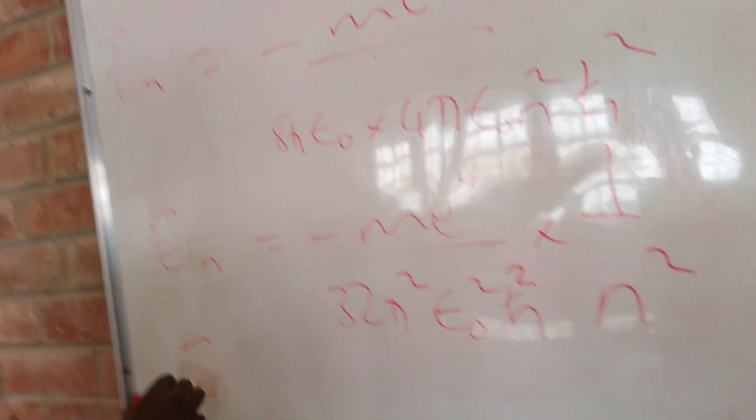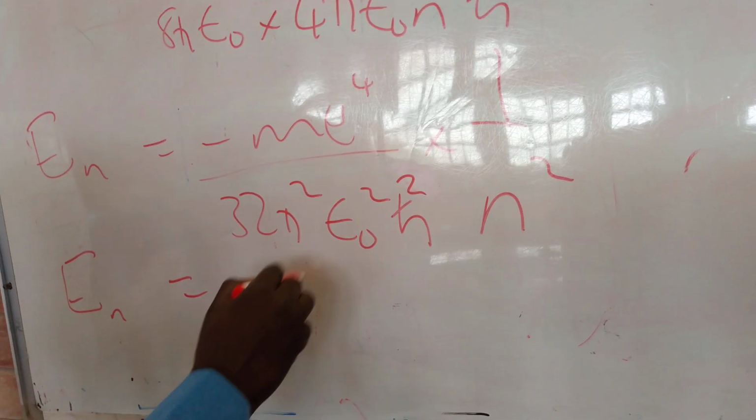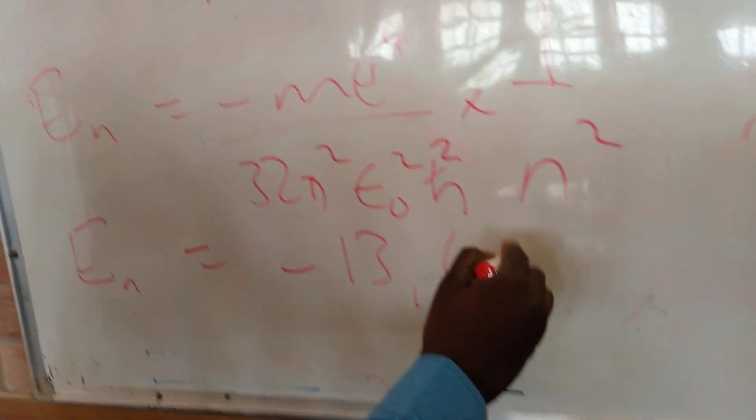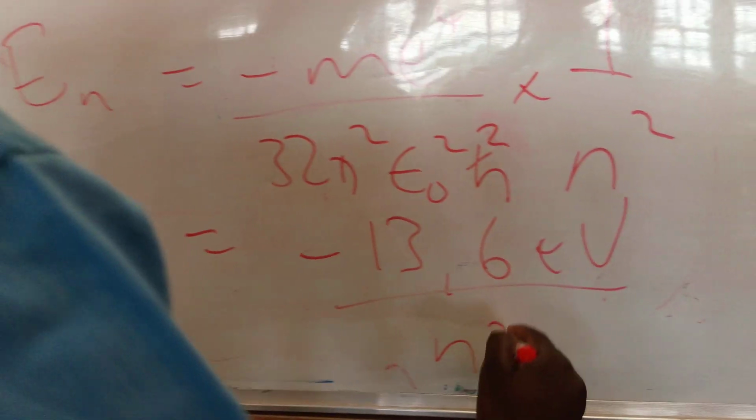So finally we should have minus 13.6 electron volts over n squared.